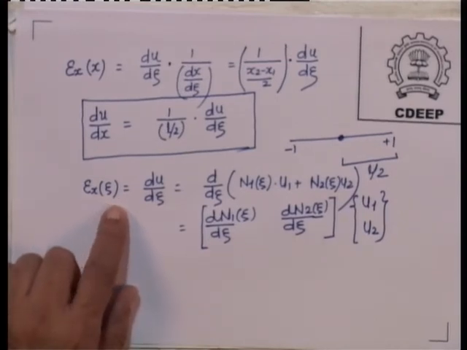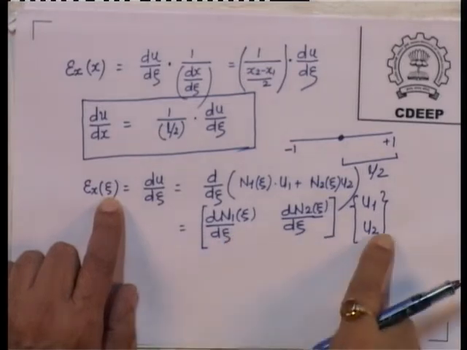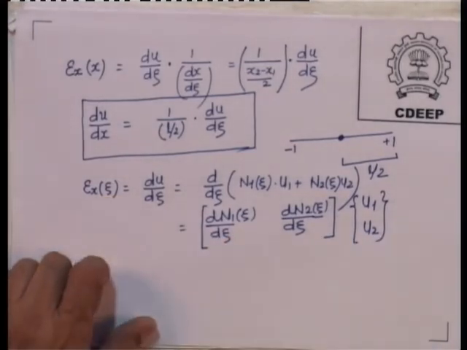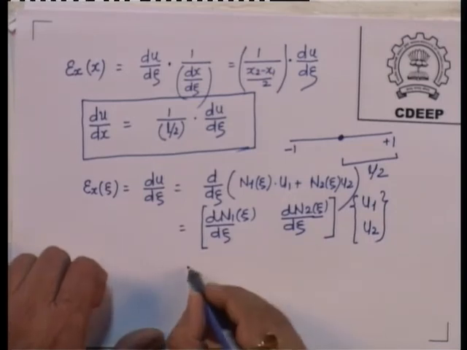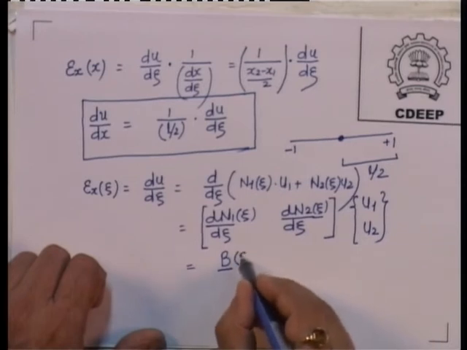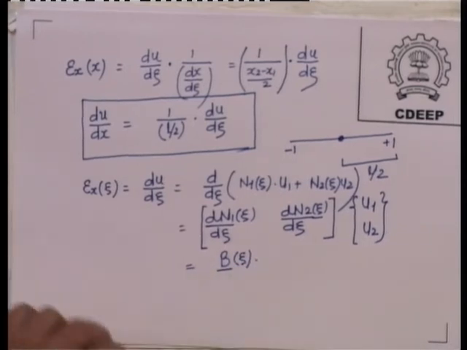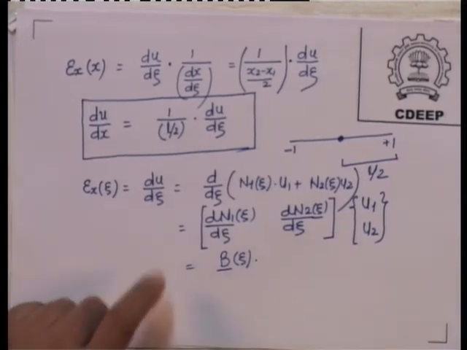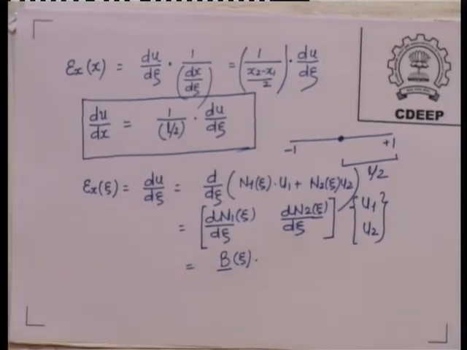So what is this matrix? Tell me. This is the strain at any point within the element in local coordinate, at a point P. Psi I have written clearly here. Is it okay or not? This is equal to this. What is this matrix then I should call? B. This one is your B as a function of psi.